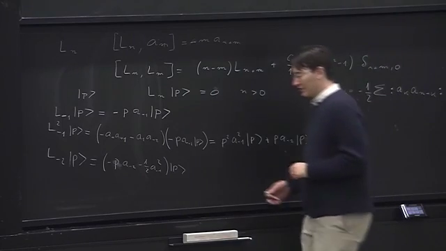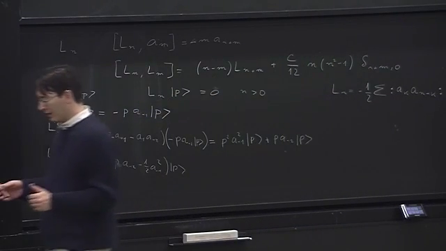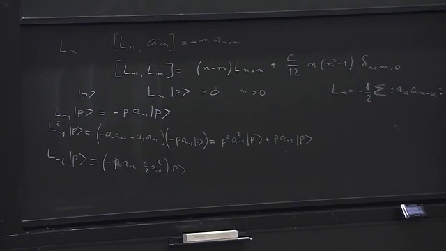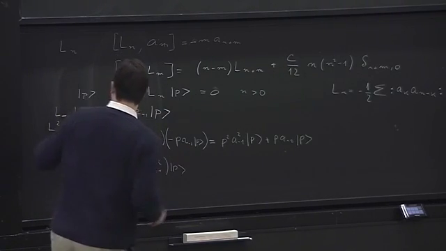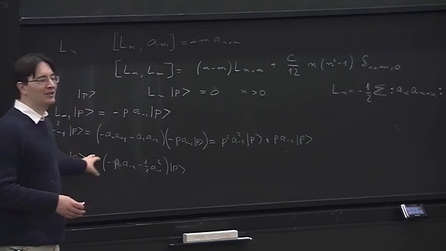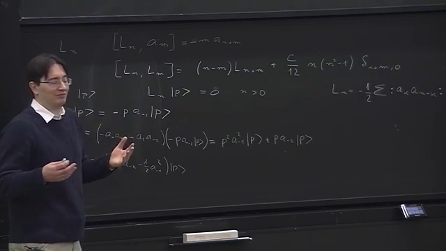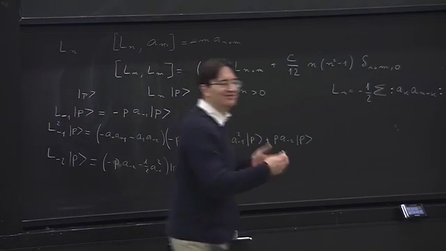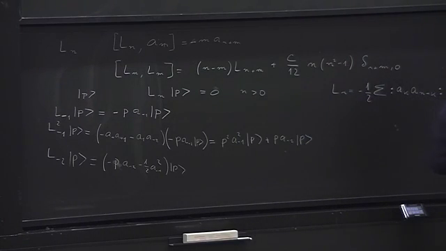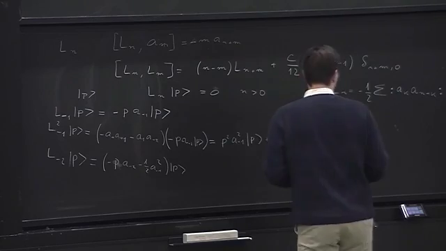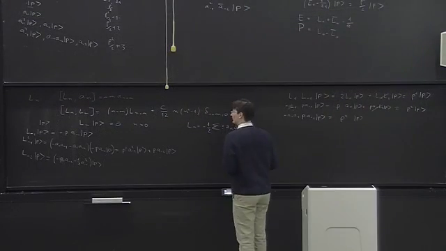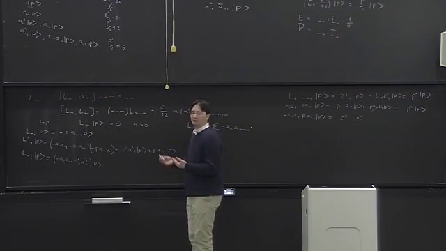When that happens, usually the way to say it is that there is a null state. So there is something built out of L's acting on P which is actually a zero state. It is not there. The first example you find is the identity. Suppose, for example, that P is 0.